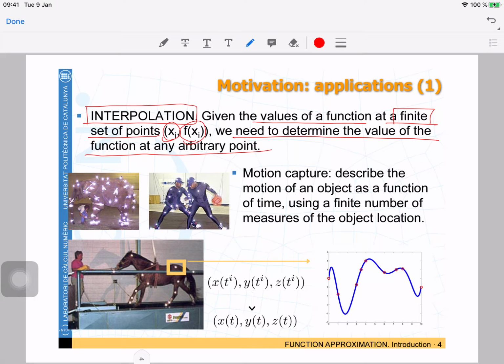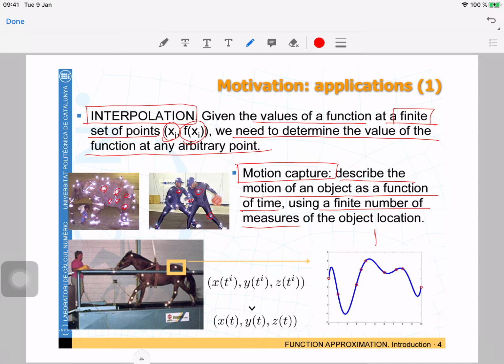Okay, so here we give you an example on motion capture. So basically, if you put sensors on the body of humans or animals, then you can basically capture the motion of each point, and finally describe the motion of an object as a function of time. So using a finite number of measures that we get from these sensors, then we can do this functional approximation.